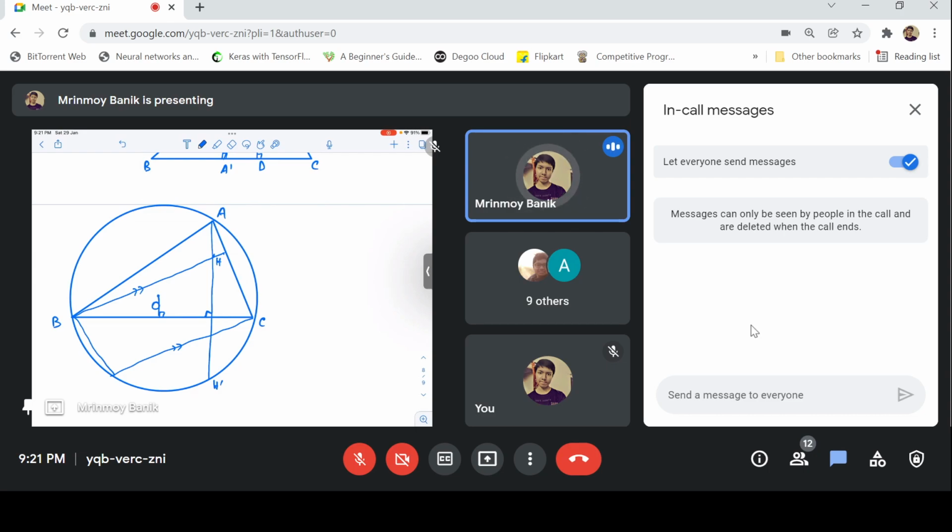So both of them are perpendicular, so that shows they are parallel. The other thing is, this construction is wrong.